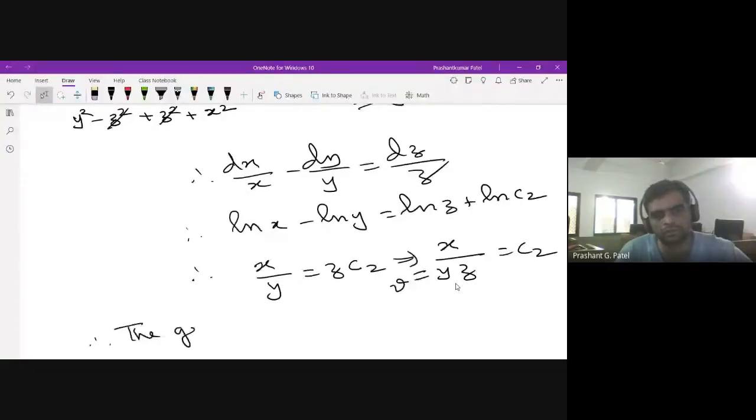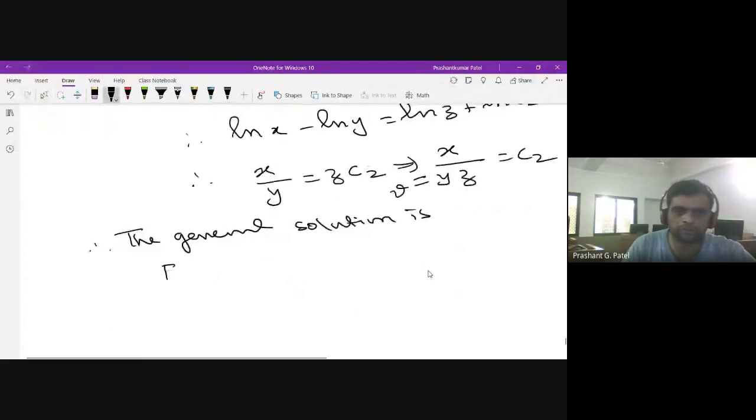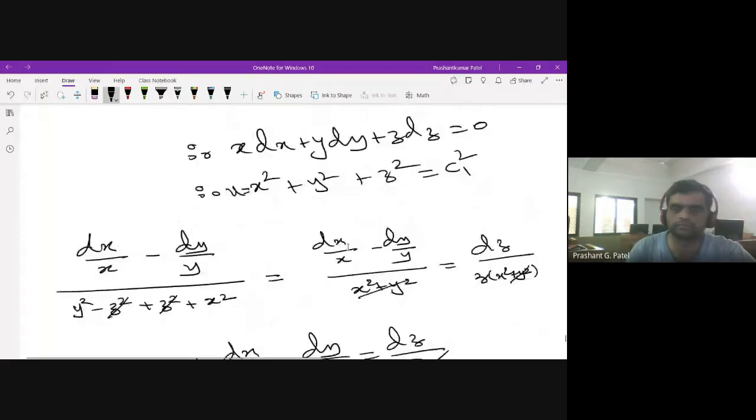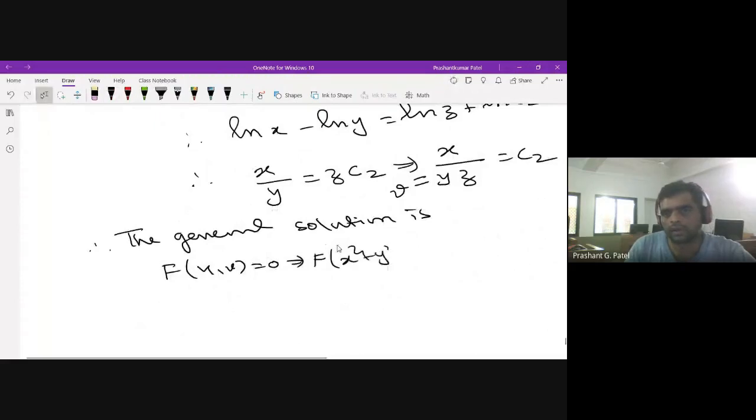Therefore, the general solution is capital F of (u, v) equal to 0, where u we have calculated as x square plus y square plus z square, and v is x upon yz equal to 0.